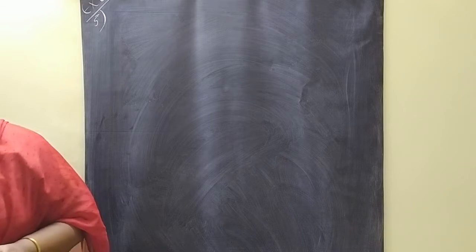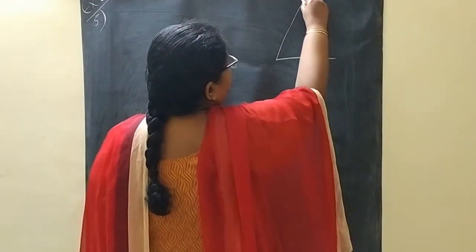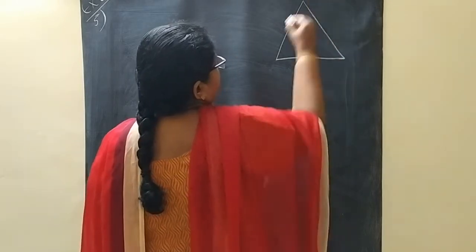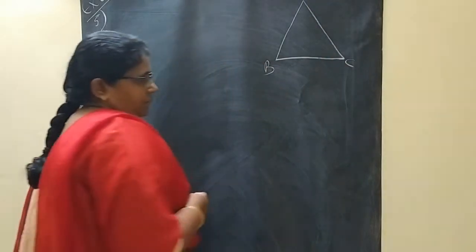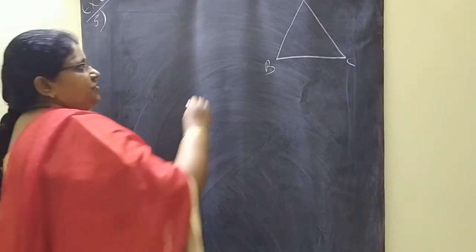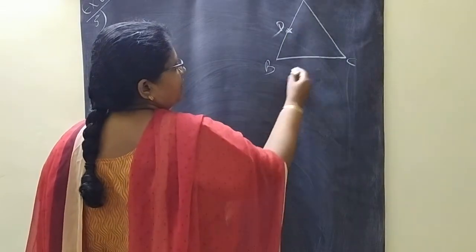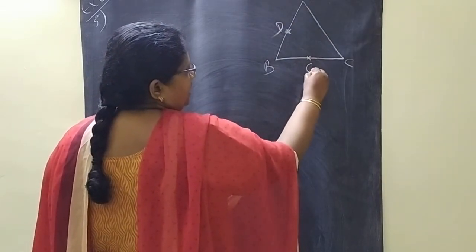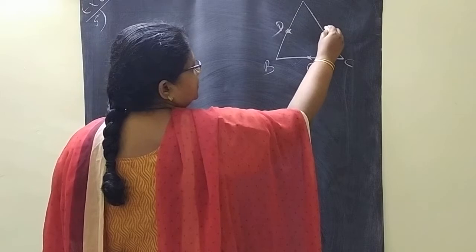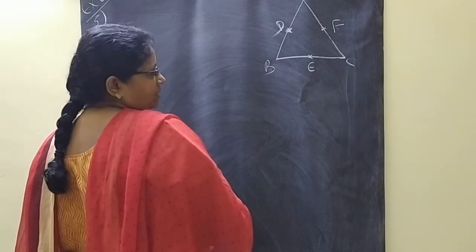So first of all, one triangle is given, ABC. And it is given that D is the midpoint of AB, E is the midpoint of BC, and F is the midpoint of AC.